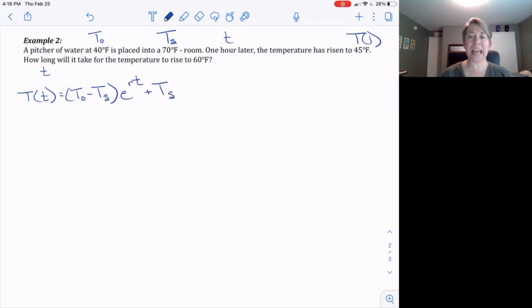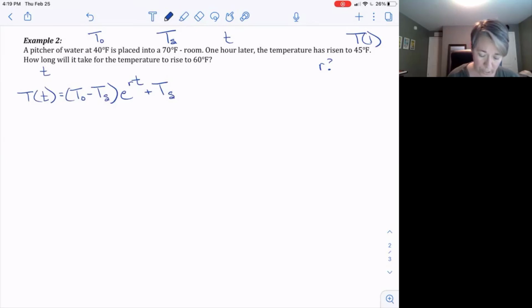So they've given us everything in that first two sentences for this formula except for one thing. We are missing the R. There's no rate being given. So let's plug in everything that they give us, see if we can find that rate, and then we can use another equation with that rate to solve for the second scenario.